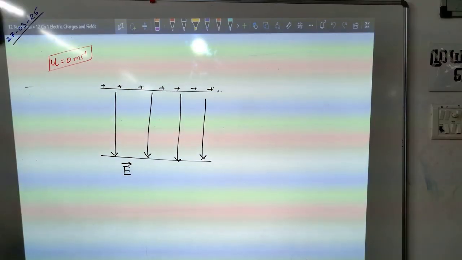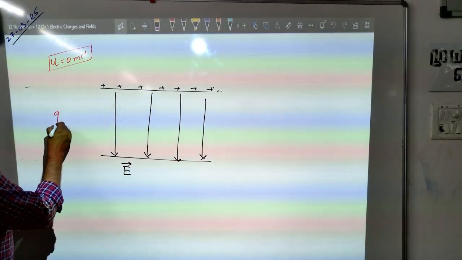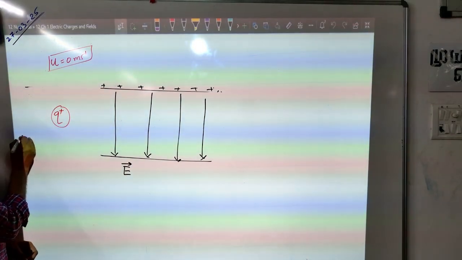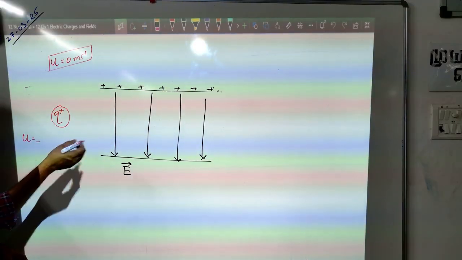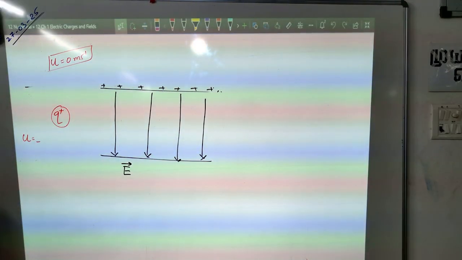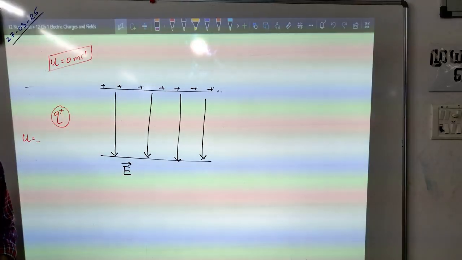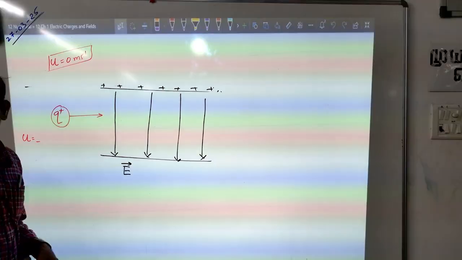Okay. Now I take a charge Q plus with some initial velocity. u is equal to some initial velocity, 8 meter per second, 10 meter per second. With that, I throw it inside. I throw it inside. So this charge is getting thrown inside.